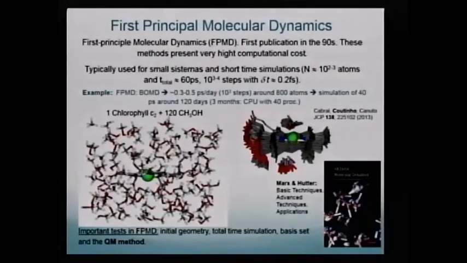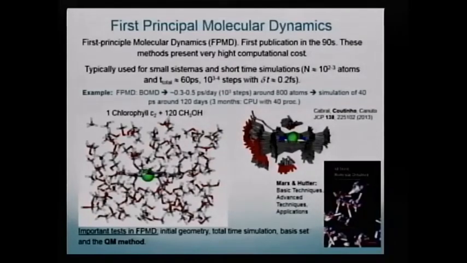If you think about a system with around 100 or 1,000 atoms, in general you cannot have simulations shorter than at least 60 picoseconds, because tens of picoseconds is the scale of the rearrangement of the nuclei. If you have less than this, you cannot see anything.